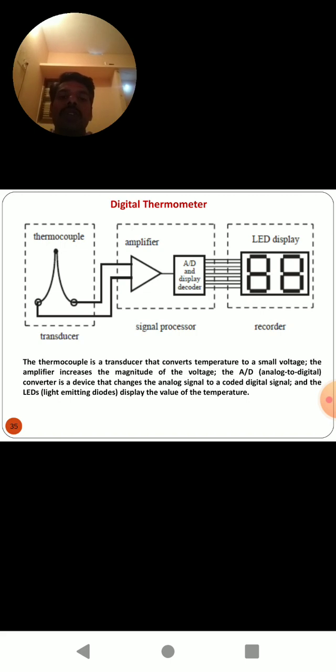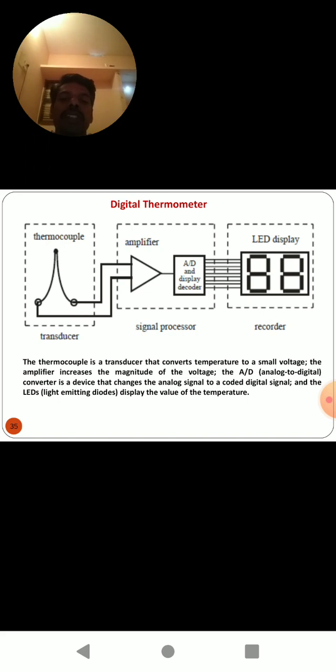In that unit, the analog to digital converter converts the values provided from the thermocouple for processing. The processing unit provides the output in digital form, which is displayed on the LED display in Celsius or Fahrenheit, the equivalent digital value.